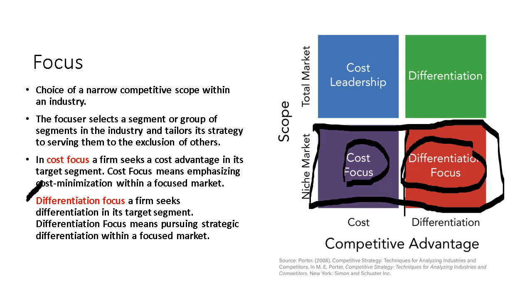The focus strategy again has two variants. In cost focus, a firm seeks a cost advantage in that particular target segment, while in differentiation focus, the entrepreneur seeks differentiation in its niche segment. Both variants of the focus strategy rest on differences between a focused target segment and other segments in the industry.